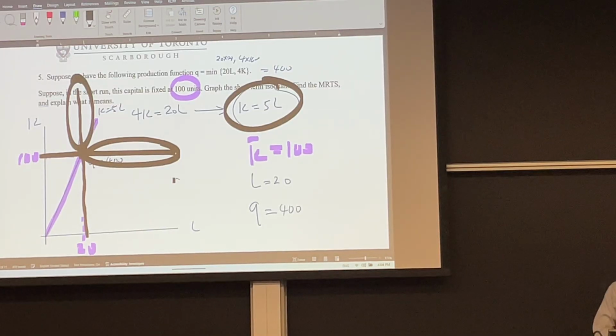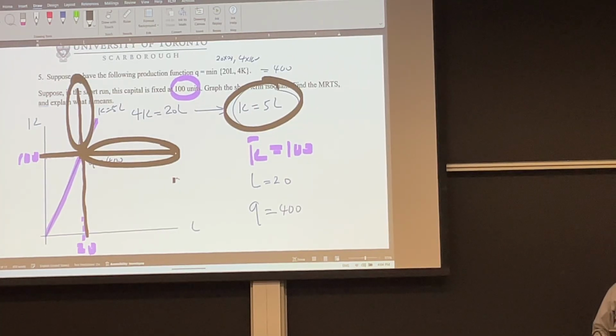If you're not on this line, you either have inefficient labor or inefficient capital. Make sense? It's like me saying, if you have 1 taxi, you must have 1 driver. If you have 2 drivers, the second one does nothing. That's the min.